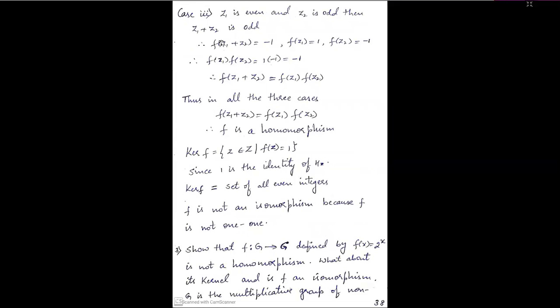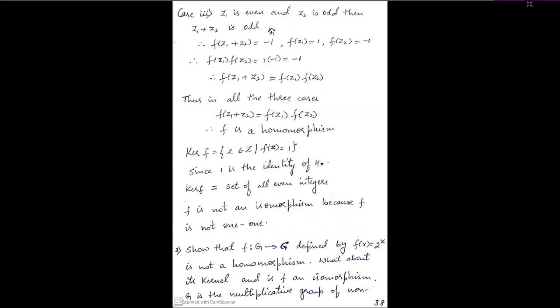The third case is Z1 is even and Z2 is odd. Or you can take it the other way around, Z1 is odd and Z2 is even. You get the same answer. Then Z1 plus Z2 is odd. When you add an odd number with an even number, you always get an odd number. So F of Z1 plus Z2 is equal to minus 1.